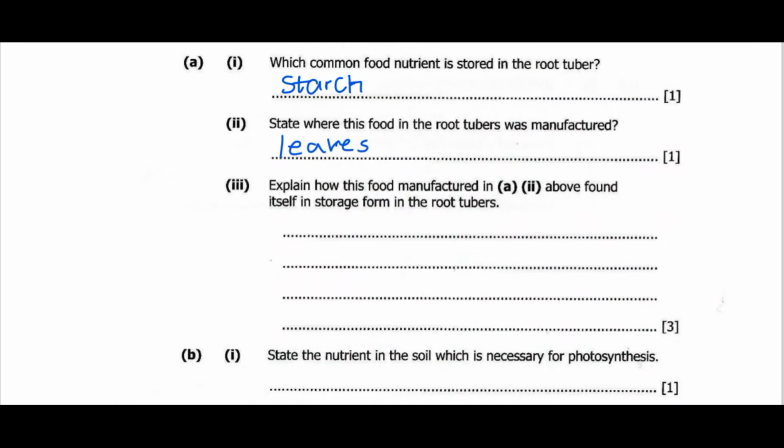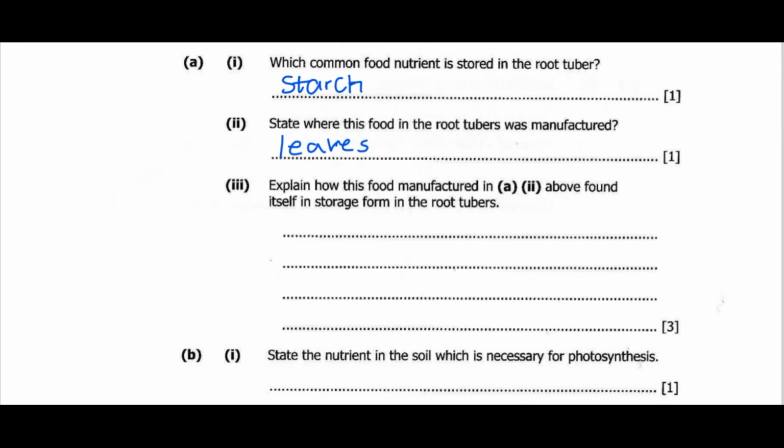Then explain how this food manufactured in A2 above found itself in storage form in the root tubers. So we know that when photosynthesis is taking place, that process manufactures the glucose.